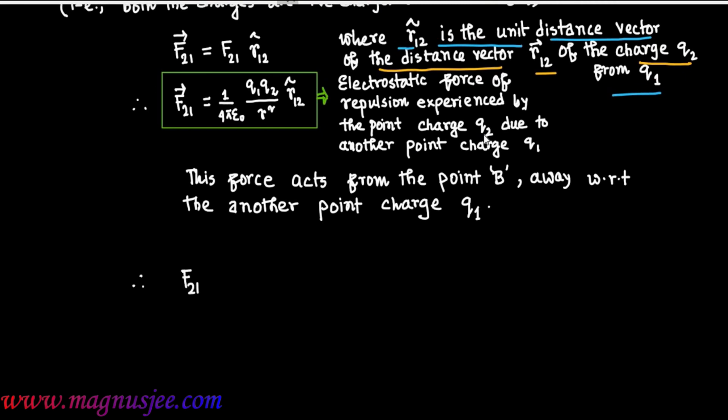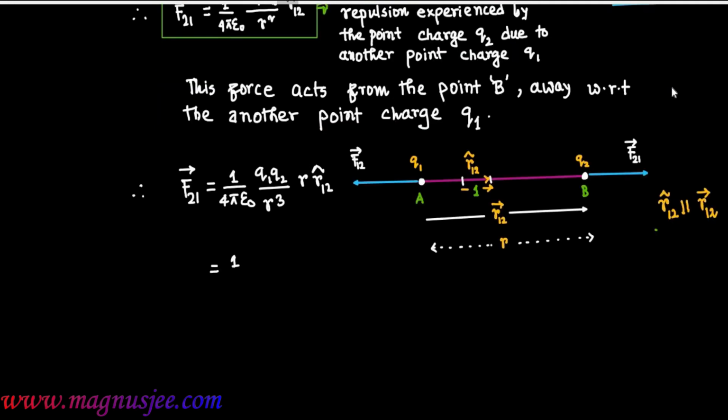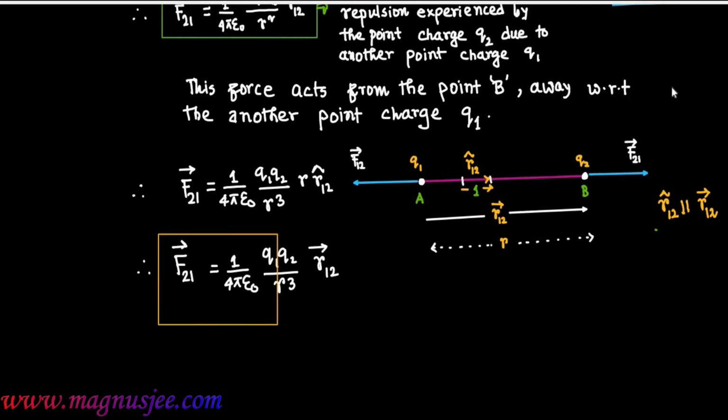Again, vector F21 equals 1 by 4 pi epsilon 0, q1 q2 divided by r cube, times vector r12. Therefore, vector F21 equals 1 by 4 pi epsilon 0, q1 q2 divided by r cube, vector r12.